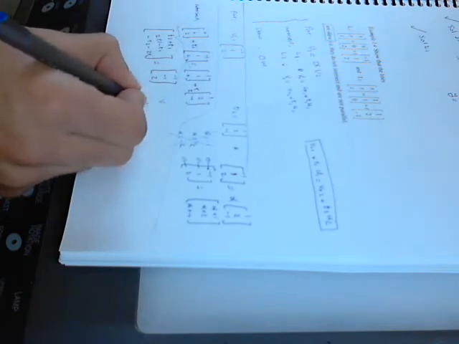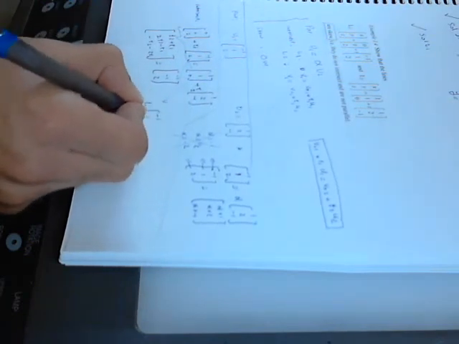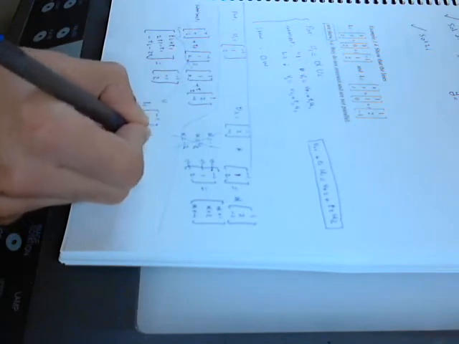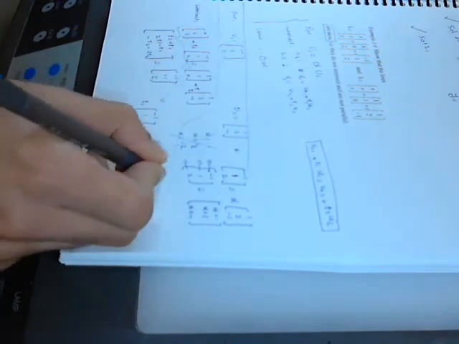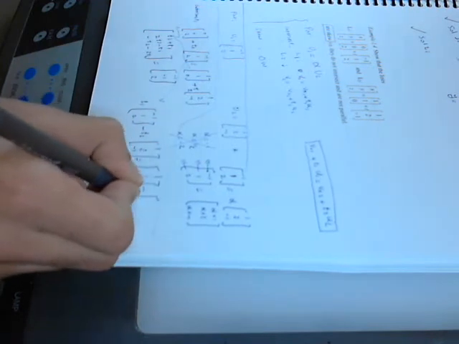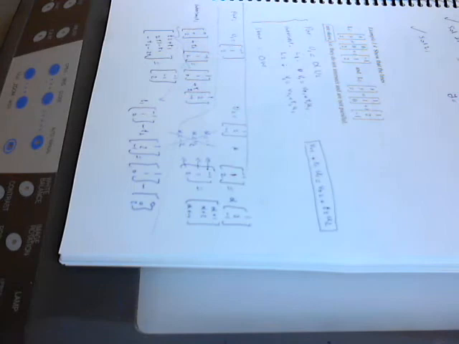T1 times (negative 1, 1, 2) minus T2 times (1, 2, negative 1) is equal to (1, 1, 0) minus (0, 0, 2). So that term from the right side goes to the left, so I have to change its sign. And then one term from the left side goes to the right, so I have to change its sign.